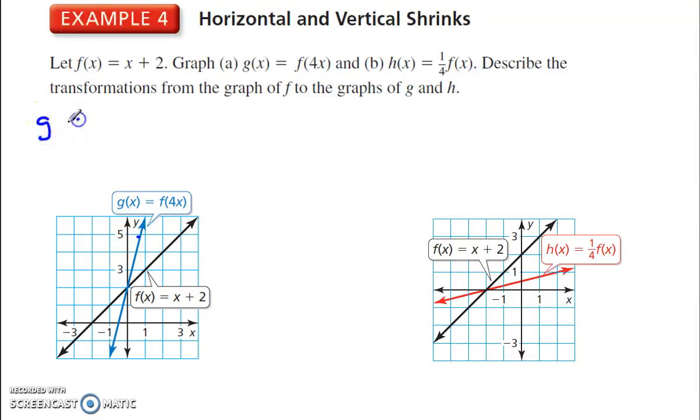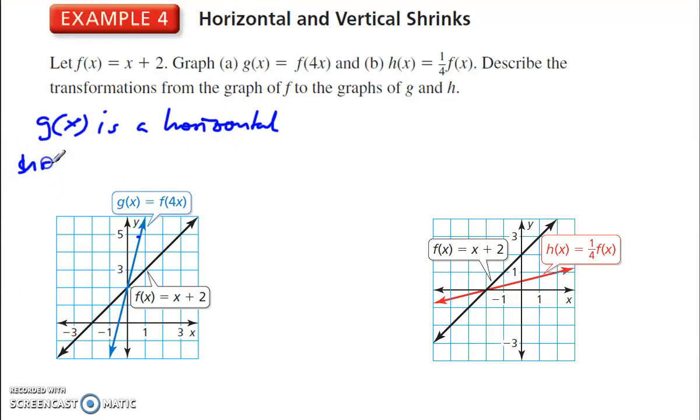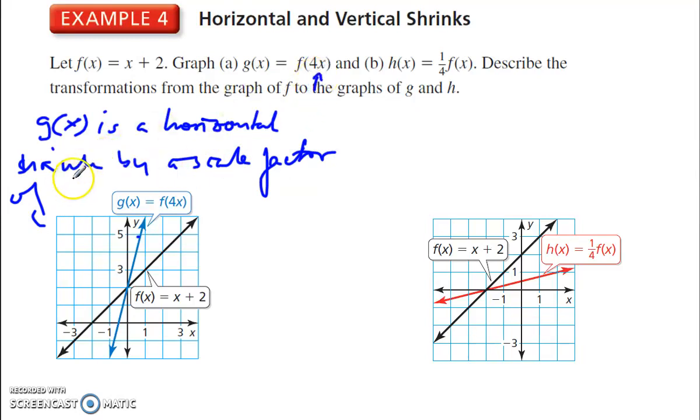So g of x is a horizontal shrink by a scale factor of, and it's inside the parentheses, so it's 1/4.